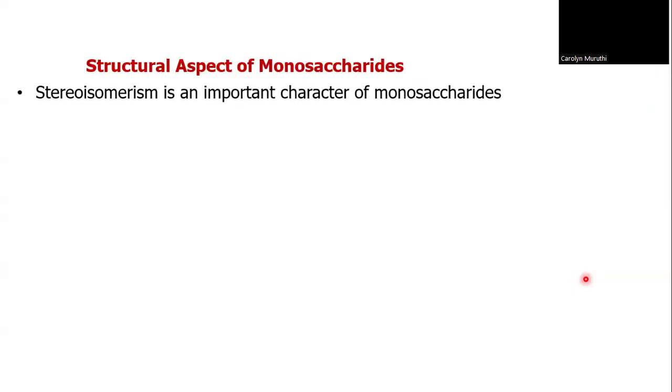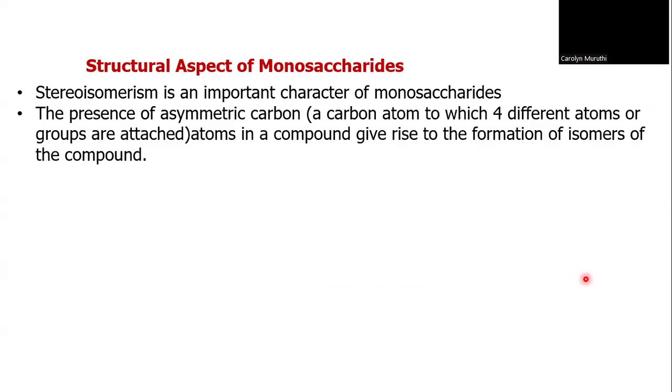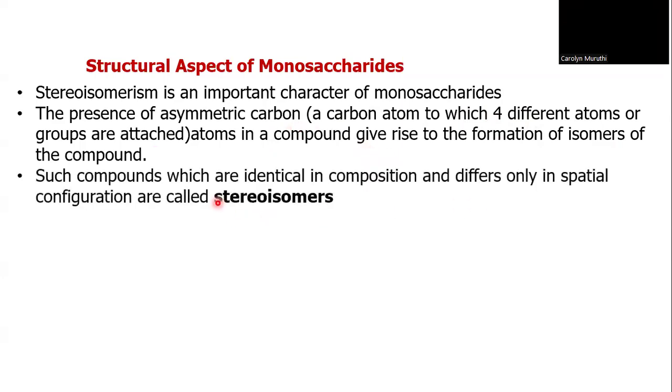Looking at the structural aspect of monosaccharides, here we're talking about stereoisomerism, which is a very important feature of monosaccharides, and the presence of asymmetric carbon. This is a carbon atom to which 4 different groups or atoms are attached. The presence of an asymmetric carbon in a monosaccharide gives rise to the formation of isomers of that particular compound.